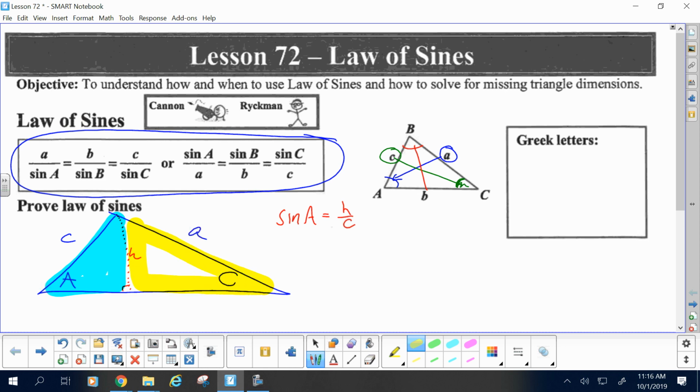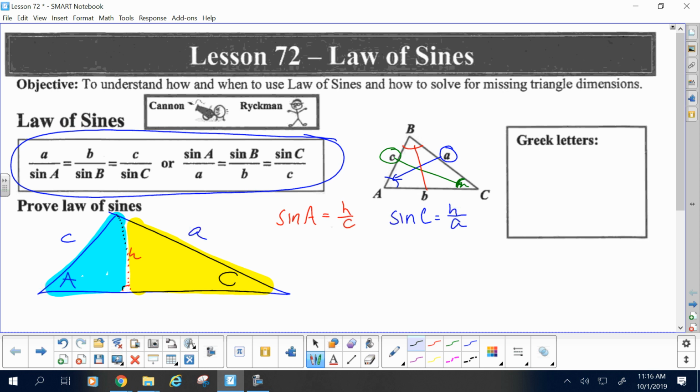That's pretty special, but also would you look at this triangle over here in yellow? Okay? Talk some trig to me now, people. Sine of capital C equals opposite side H over hypotenuse a. Right? Now, all that's wonderful. Now the question is, how do they relate? Well, what one thing do they have in common?